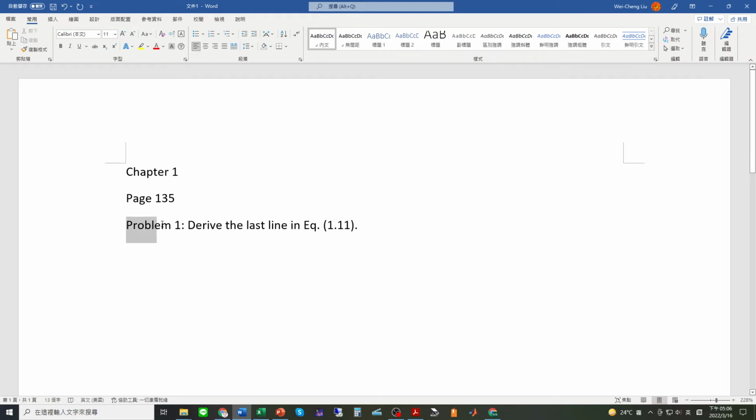This is problem 1 on page 135 in chapter 1: derive the last line in equation 1.11.